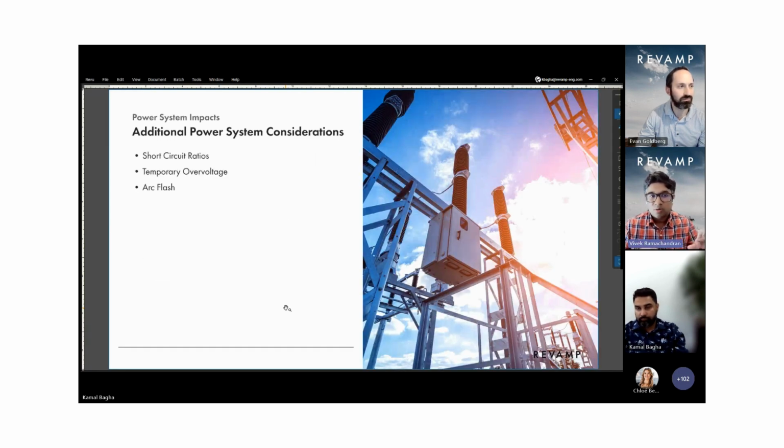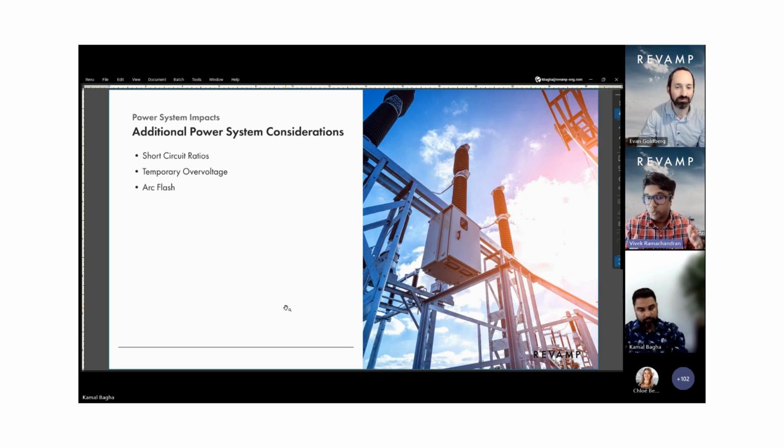So some other power system considerations that we won't be able to cover for this webinar, but that will be covered in the forthcoming webinars, will be short circuit ratios when we are talking about these kinds of coupled systems, temporary overvoltage, especially with different OEMs, or inverter manufacturers, requiring different overvoltage limits to be honored, and then DC and AC arc flash.